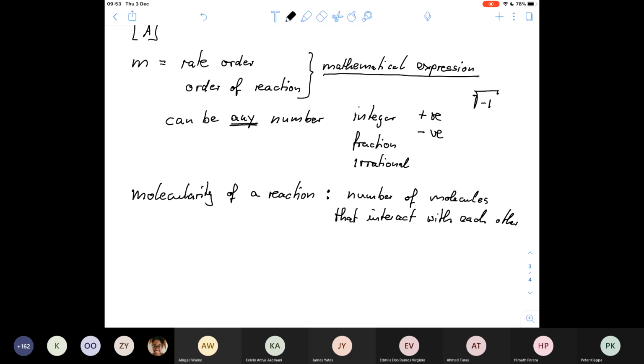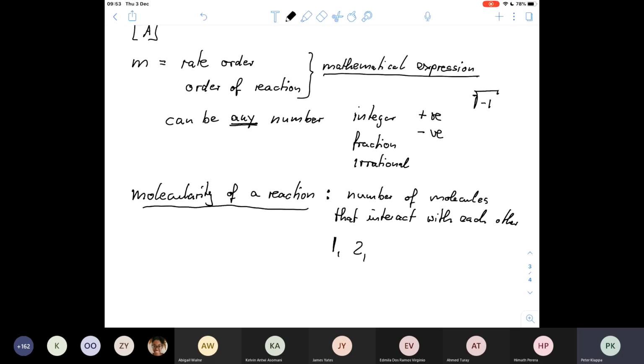So molecularity of a reaction can be only whole numbers. So it could be one molecule doing something. It can be two.